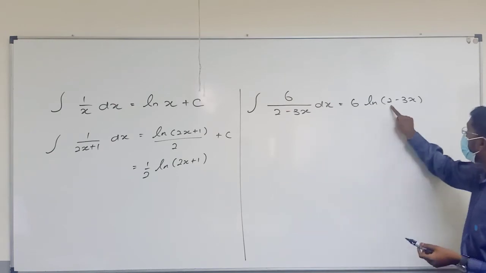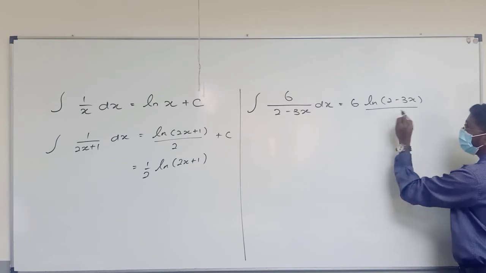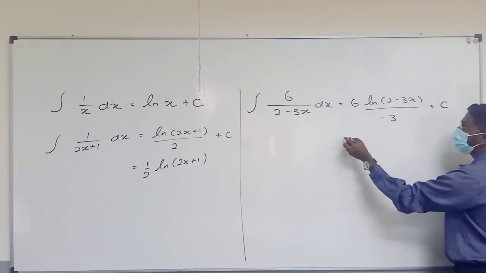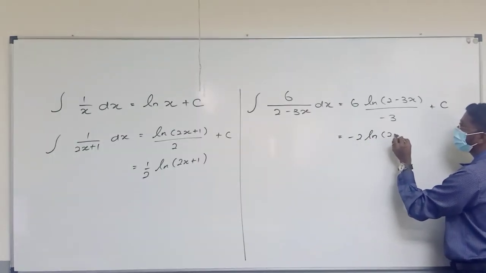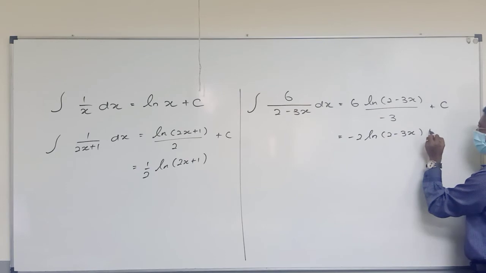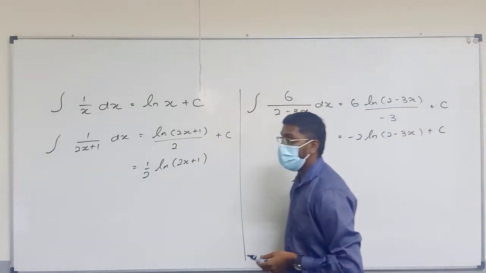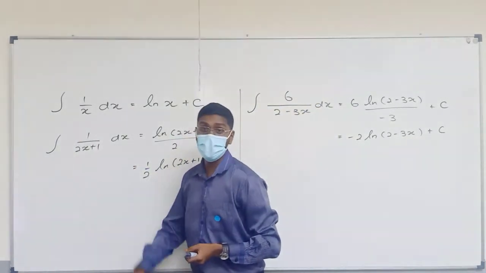Then we differentiate inside and we get negative 3, so divided by negative 3 plus c. So it's going to be negative 2 ln (2 minus 3x) plus c. This will be the integral for a linear function in the denominator.